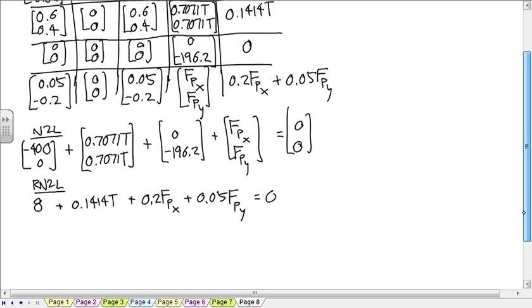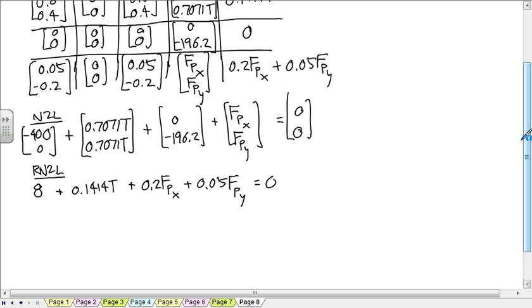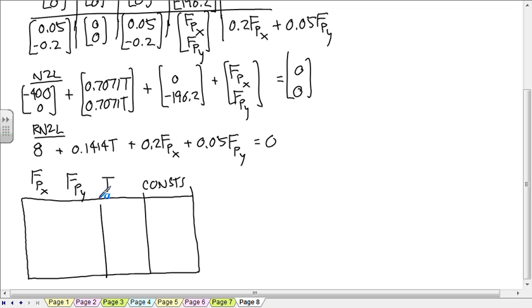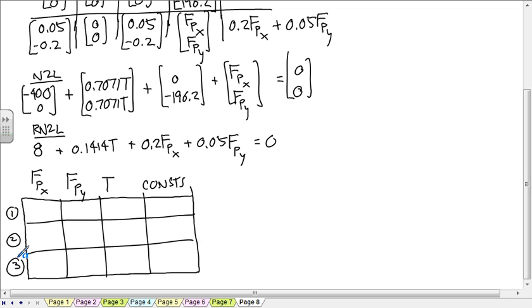Okay, so now we have to choose an order for these variables. So let's go FPX, FPY, T. And then the constants. So equation 1 is the x component of Newton's second law.